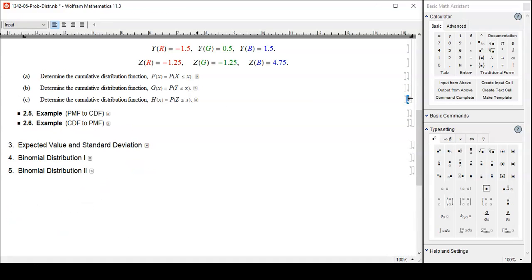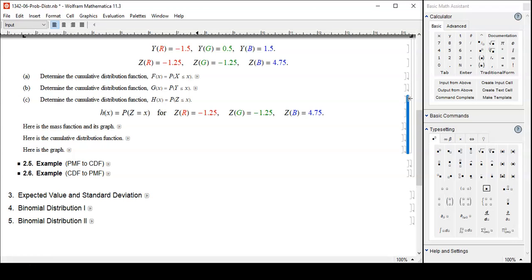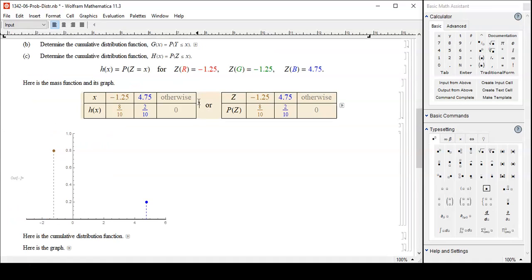As for the third problem, well, left to the students. Go ahead, what do you get? Probability mass function like this. Just 2 values, -1.25, 4.75, otherwise 0.